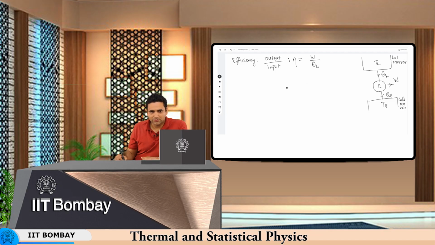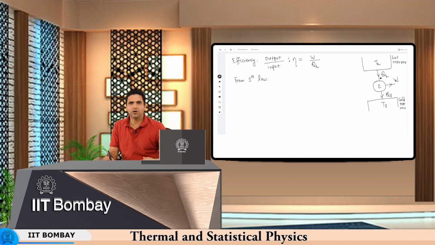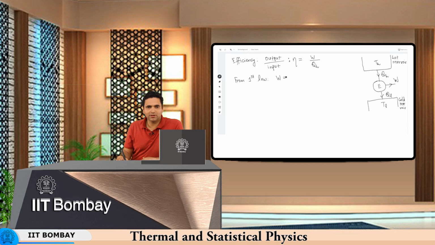Now, let us apply first law to this case, right. So, from first law we can see that the work extracted has to be equal to the difference between heat extracted from the hot reservoir minus heat dumped into the cold reservoir, right. So, this is just the first law. So, from first law this W has to be equal to QH minus QL, okay, and we will substitute this here.